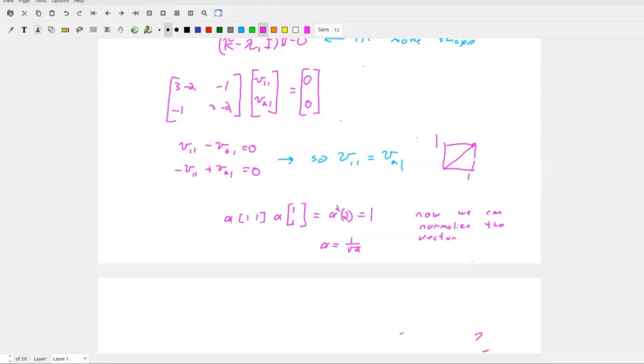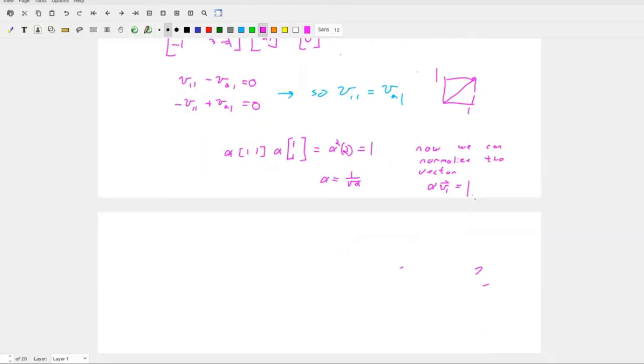Now we can normalize the vector as alpha v1 is equal to 1, right?